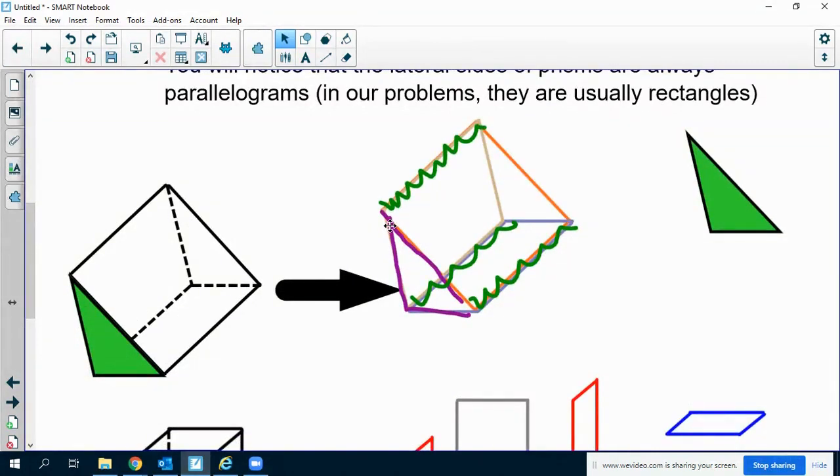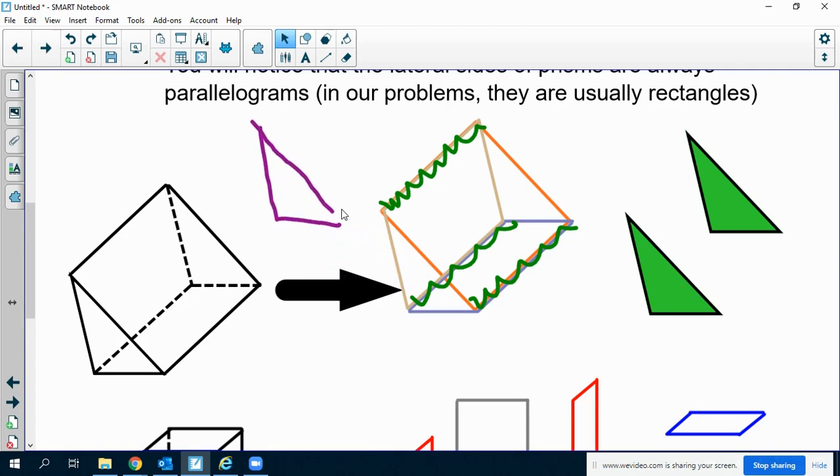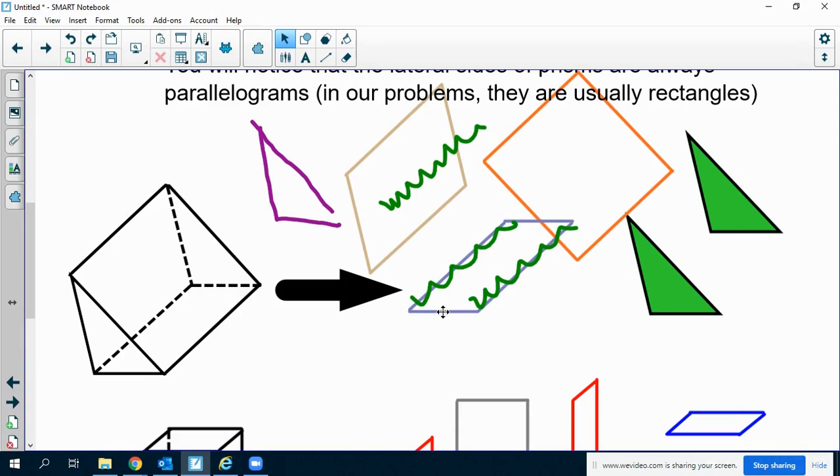If I look at this figure, this triangular prism, I have 2 bases, so I'm going to have the area of the base times 2. And then remember that the perimeter of the base shows up in each of these rectangles.